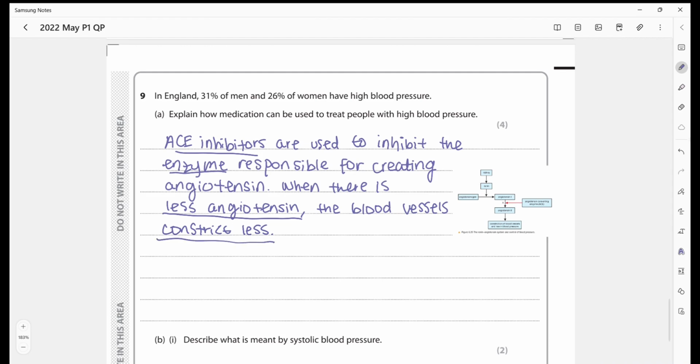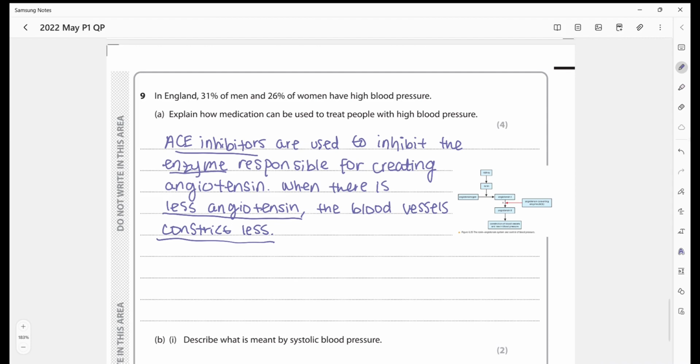So these are the 4 marks. There's also another method in the marking scheme that you can add. You can say that another way to treat people with high blood pressure is to use beta blockers because that prevents the release of adrenaline, which would then cause the heart rate to decrease.